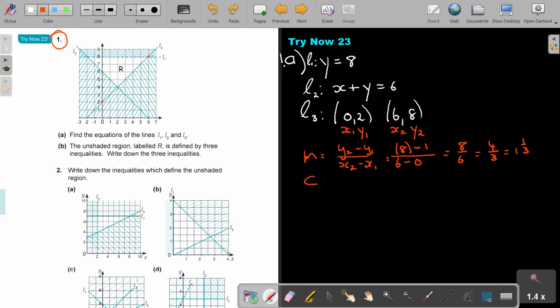So therefore, the value of c will be 2. I just want to see if I did it correct. 6 and 8, 0 and 2. Oh, I see my mistake. That's why I was checking. I had a feeling there was some problem.